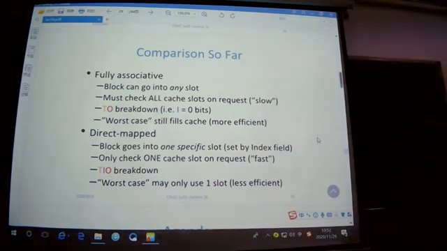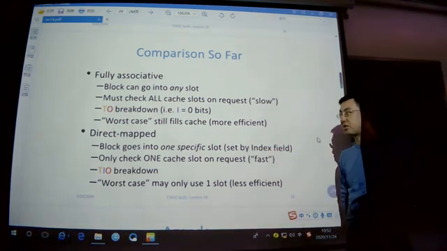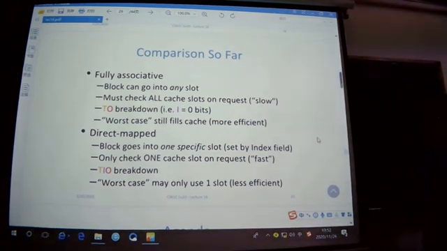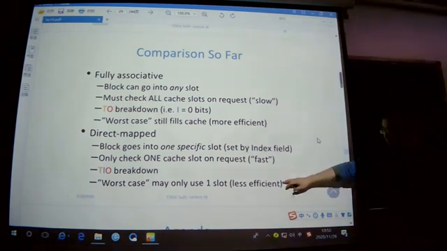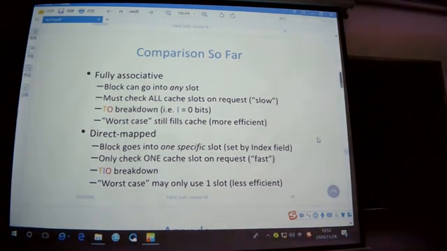So direct map is a better method. A block goes into one specific slot. This is simple, but this is effective. Only track one cache slot on request. So we can find the worst case may only use one slot, but this is not regular.